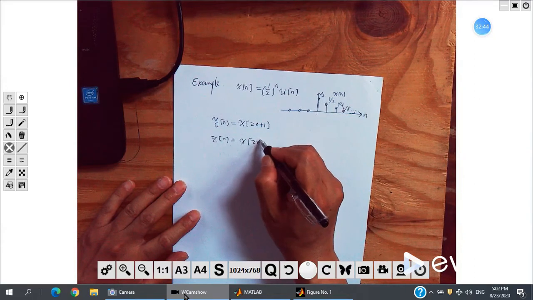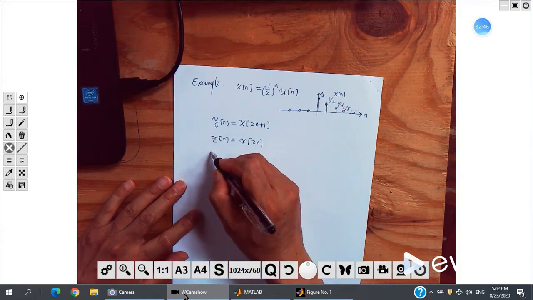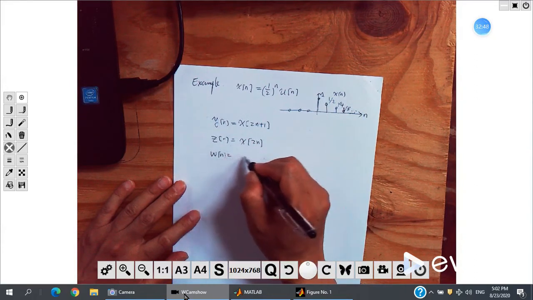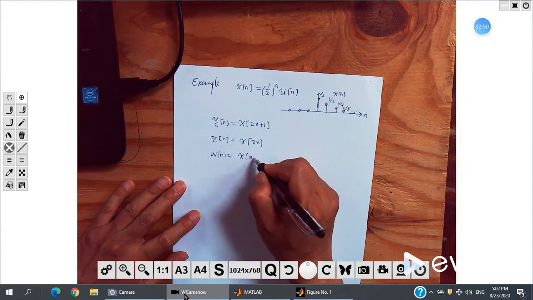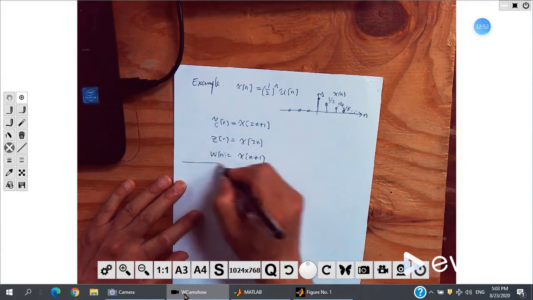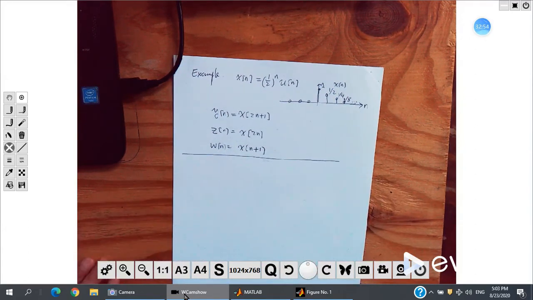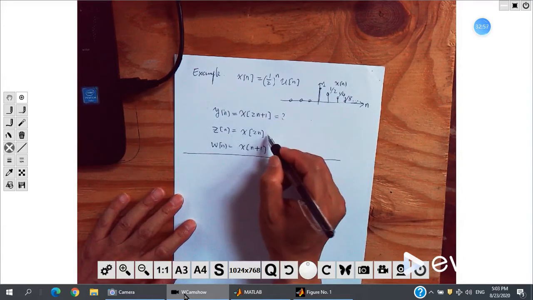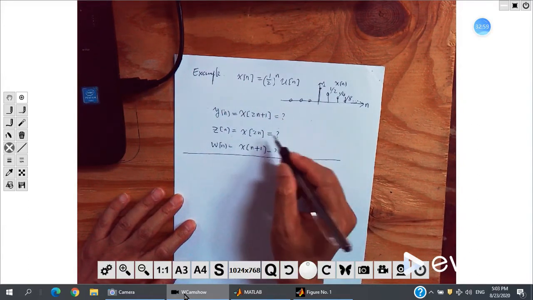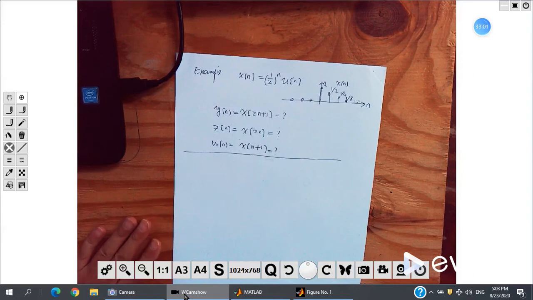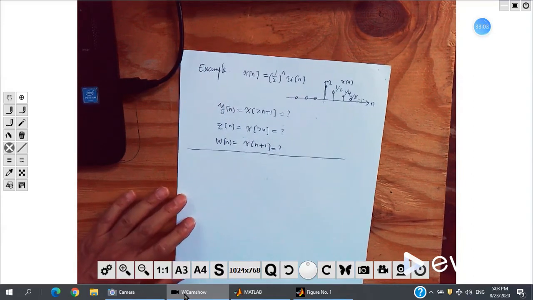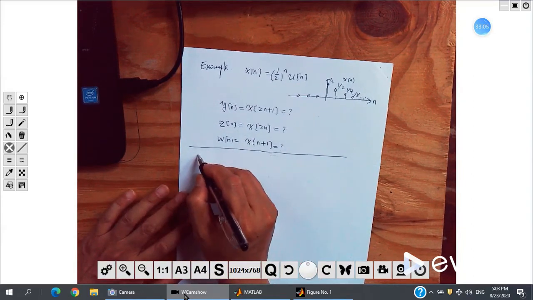Okay. And w of n, which is x of n plus 1. We want to know what these are: y, z, w. What are these? Okay. The first one is y.